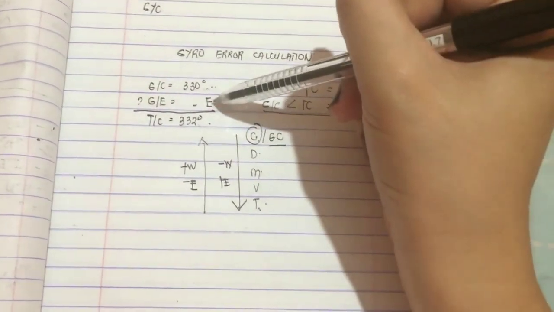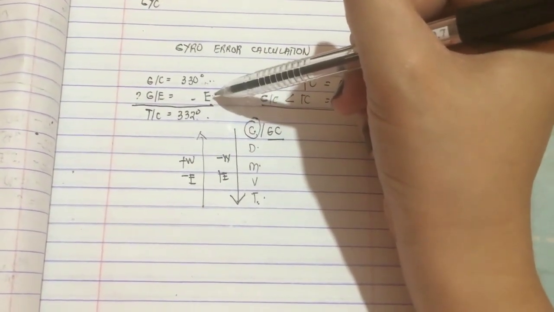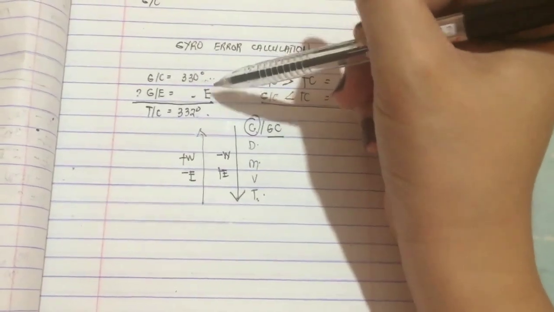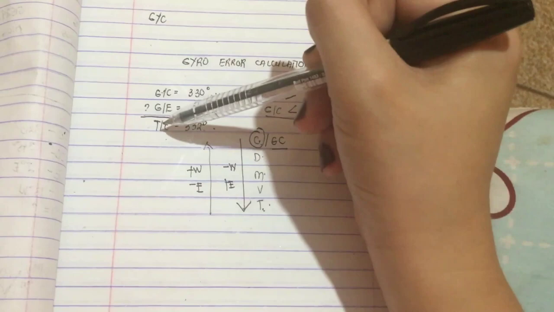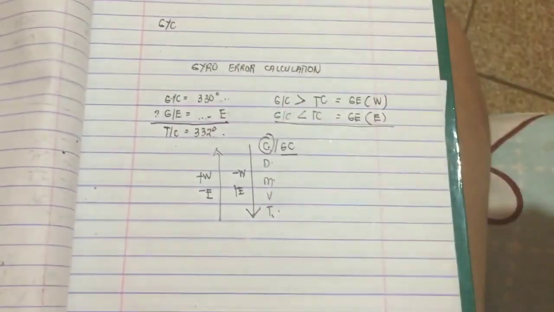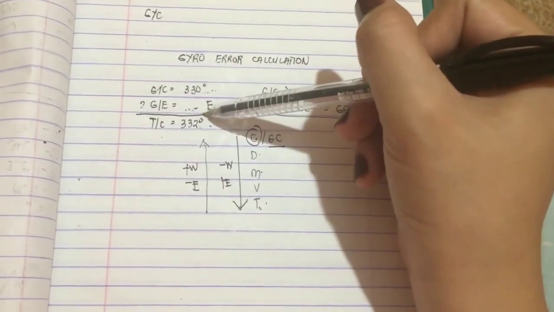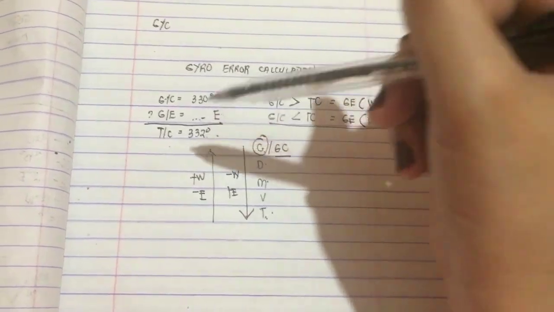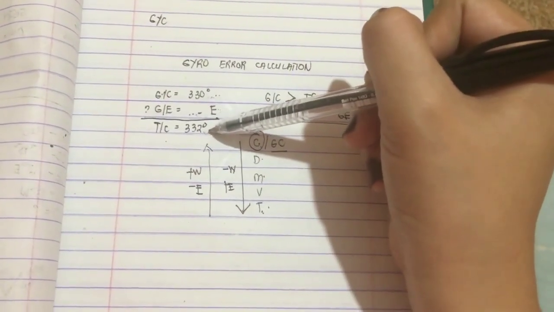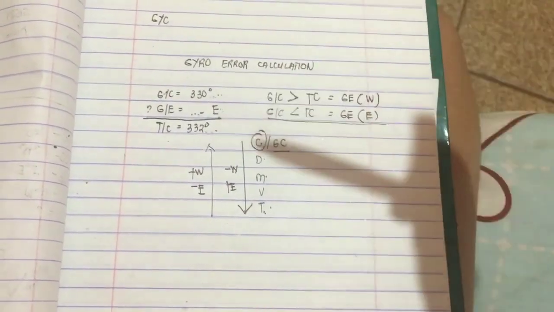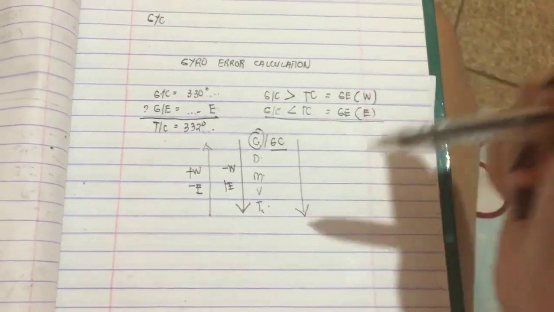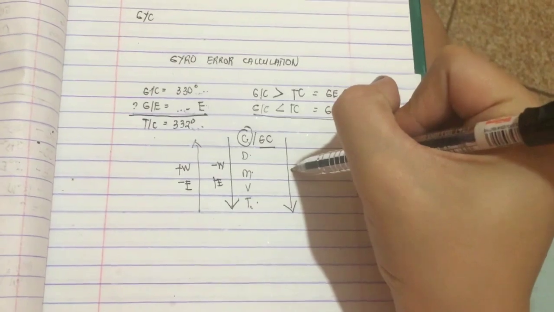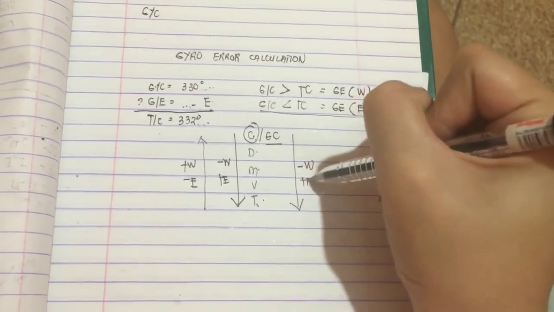Since we already have our direction for our gyro error, which is east, we will identify, from gyro course to true course, what should be the value of our gyro error in order for us to get our true course, which is 332 degrees. So gyro course to true course means subtract westerly and add easterly.